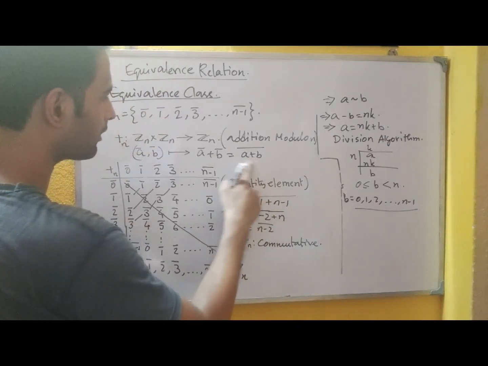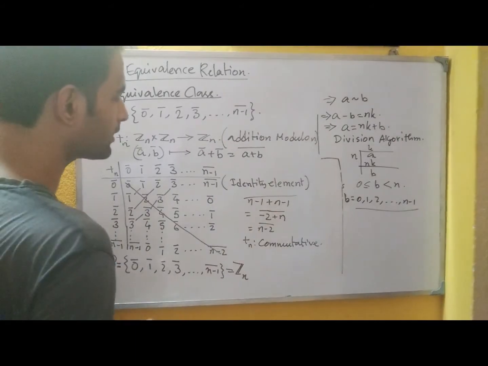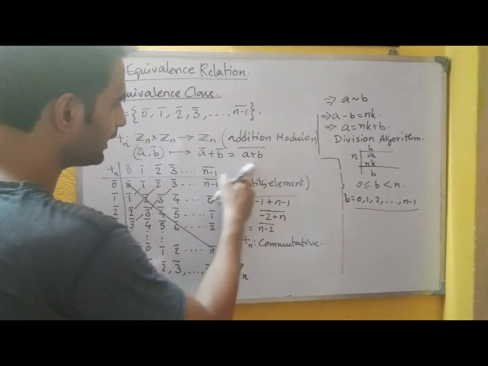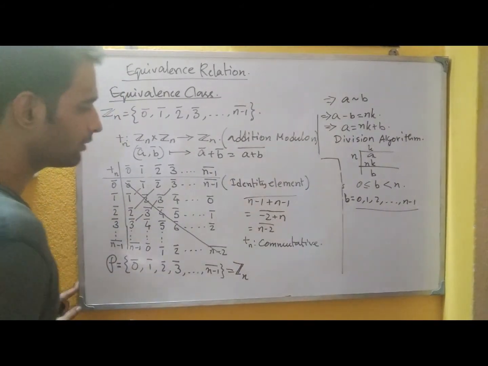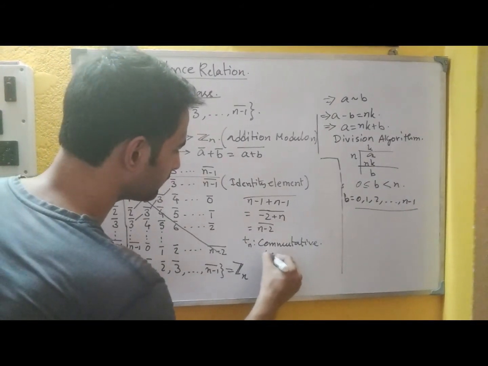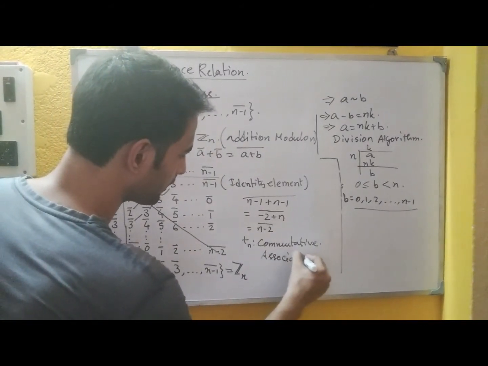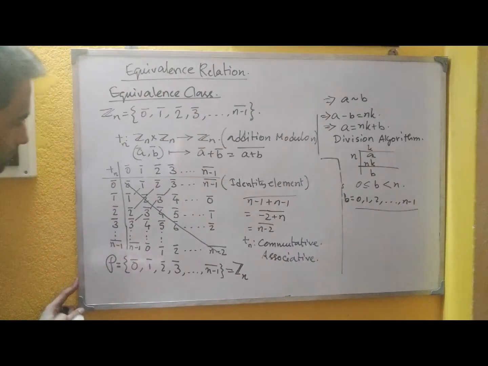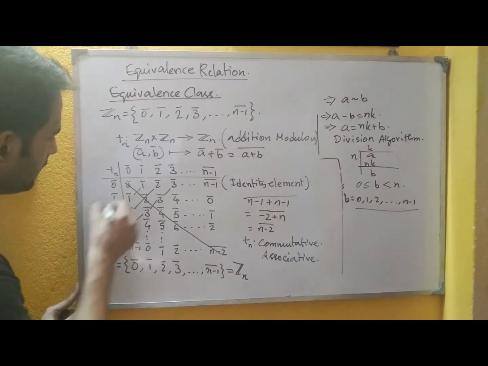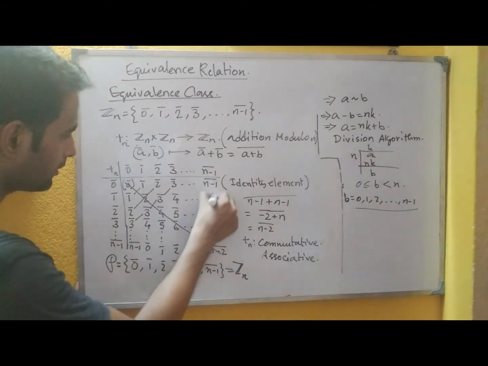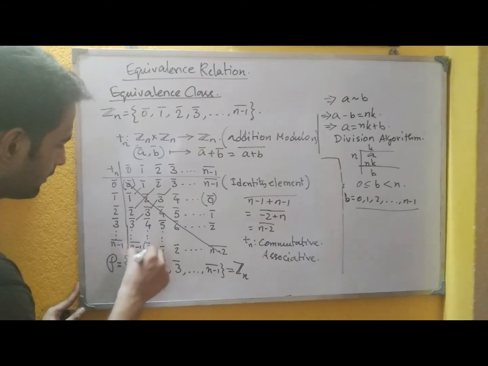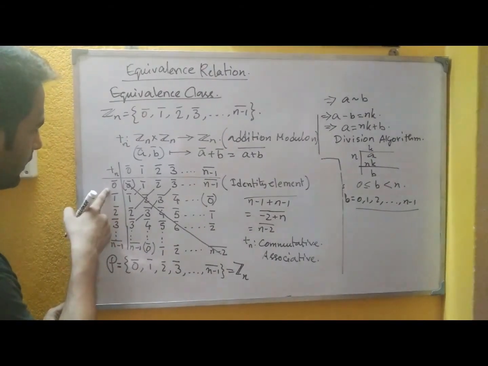See, under the addition modulo operation, what it is doing inside is usual addition. So we can say it is also associative. And from here also, you see in which positions we are getting the identity element.